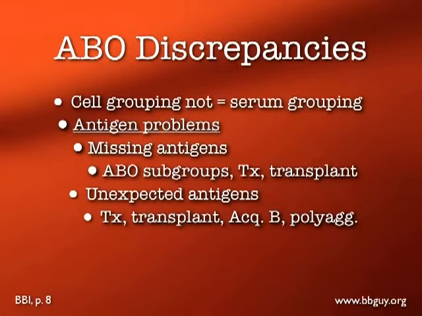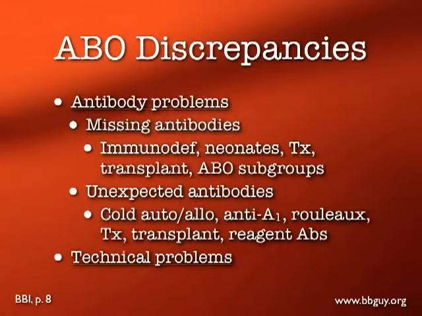You can have antigens that are there that shouldn't be, and there's a wide variety of reasons for that as well. You can also have antibody problems where you don't have antibodies that you should have, immunodeficient patients, for example, or in different subgroups or in transfusion, or you can have unexpected antibodies that shouldn't be there that are, and a lot of reasons for that as well. Overriding all of that is technical problems. Obviously, if you do the testing wrong, you can completely screw up everything.